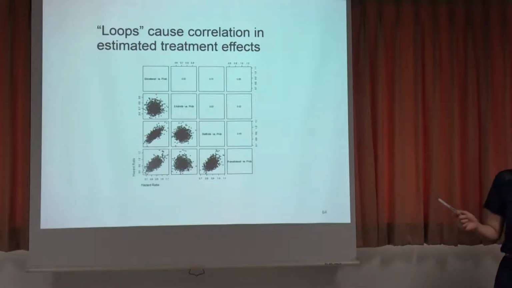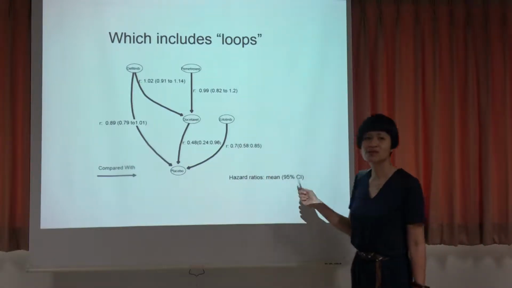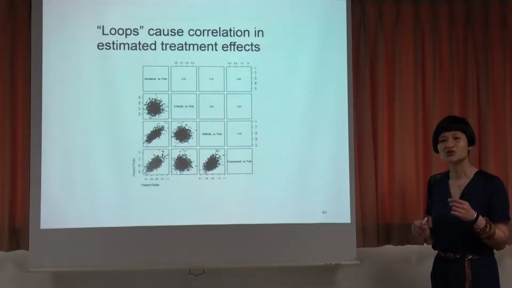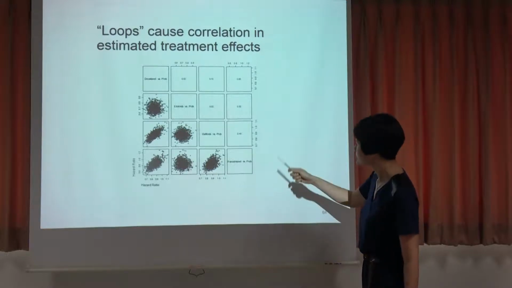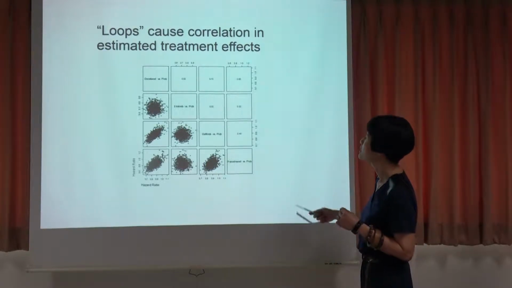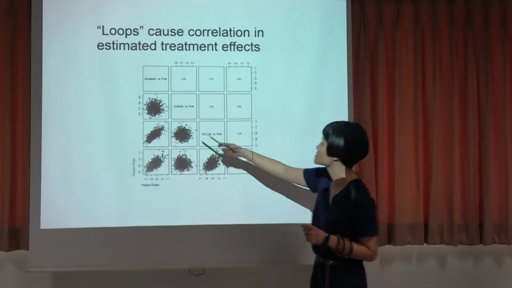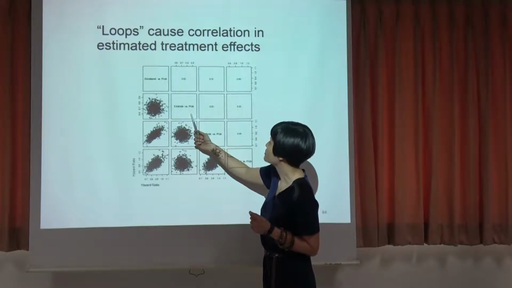Now, the other thing to remember is these estimates in network meta-analysis are related to each other, especially when you have loops. So there's correlation between these estimates that you're estimating. So this is a correlation plot that looks at the correlation between the estimate from, for instance, docetaxel and placebo and erlotinib and placebo.